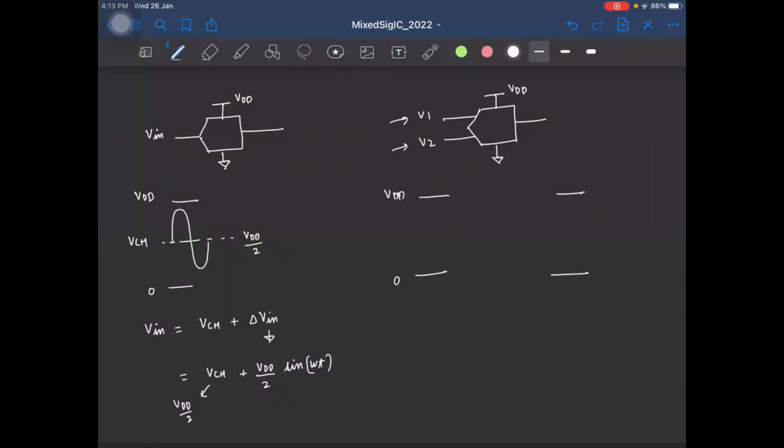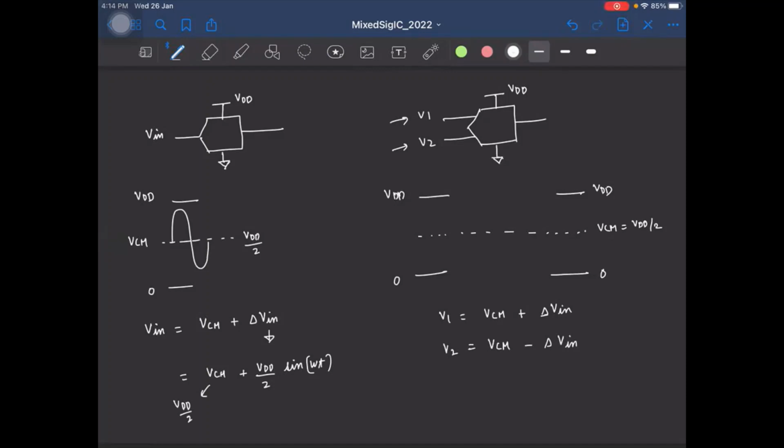And how will these two inputs be given? V1 will be the common mode voltage, that is this mid voltage, VDD by 2, plus some delta Vin, whereas the other differential input will be VCM minus delta Vin.